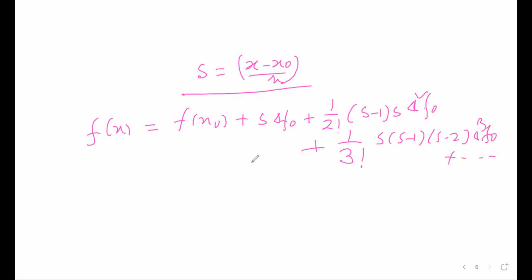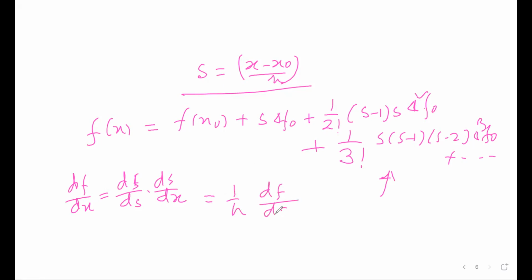Now you see that this equation becomes a function of s. If you want to take the derivative df by dx, can you write this as df by ds into ds by dx? Can you do that? Yes, sir. It will be 1 divided by h df by ds. Then you differentiate this function with respect to s and write this.